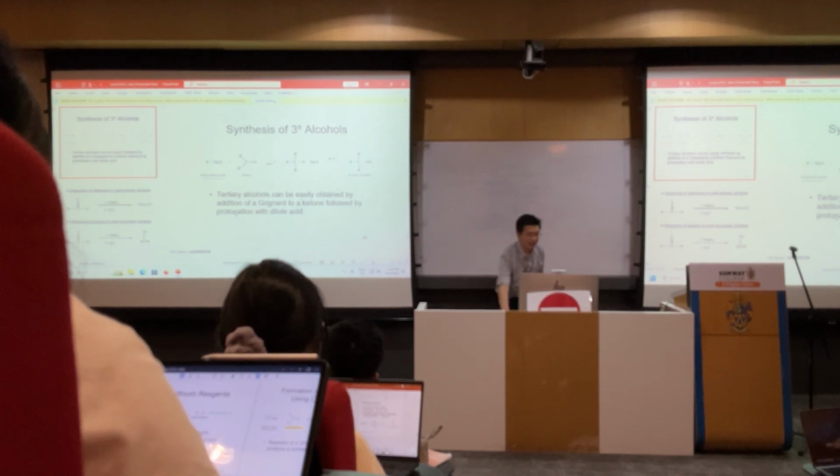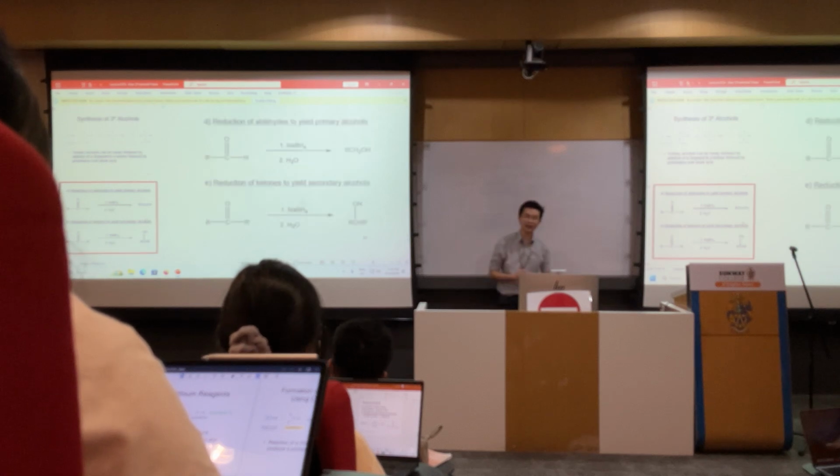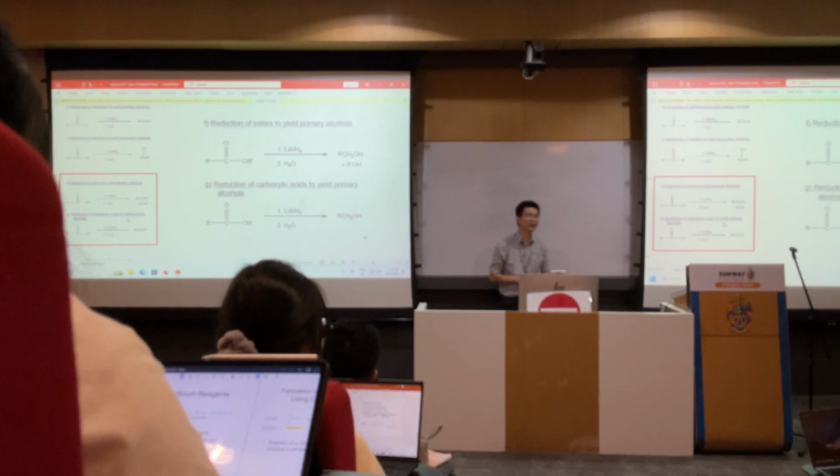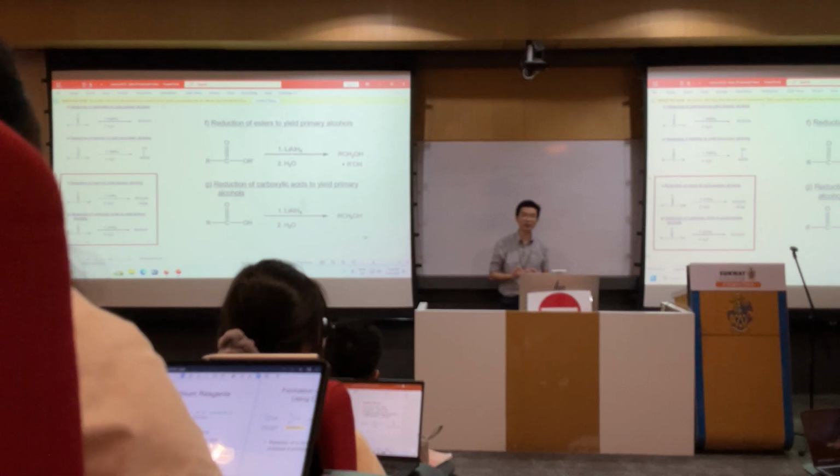Okay, and then the reduction of aldehyde, and also the reduction of ketone. Okay, and we can also reduce ester into alcohol. Okay. Using three main reducing agents.